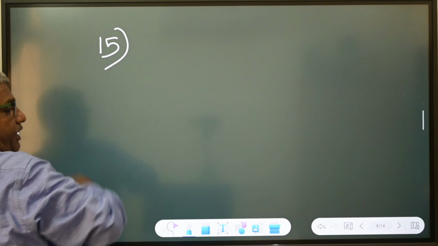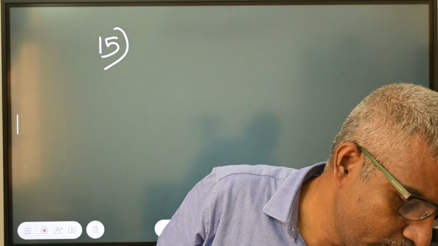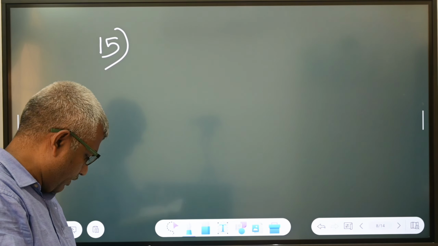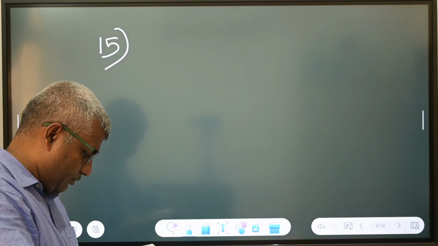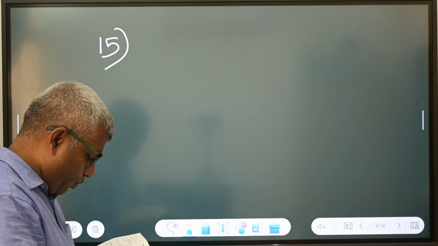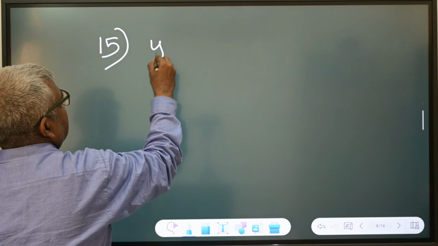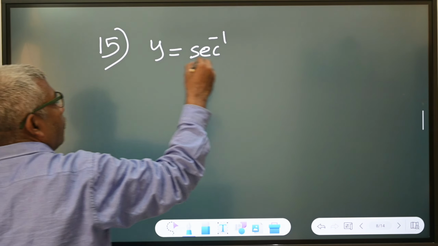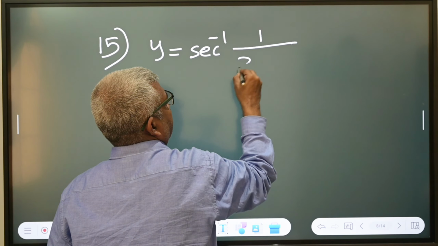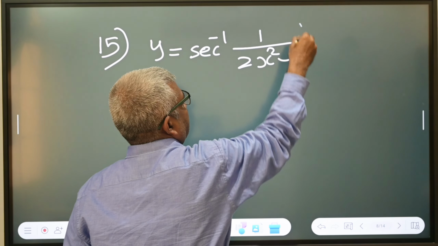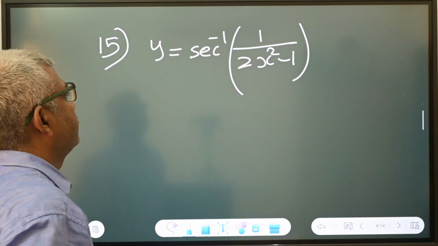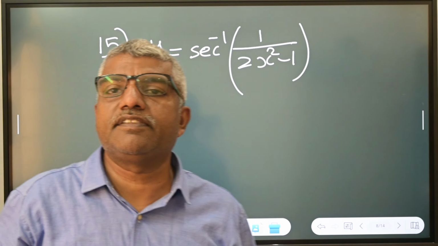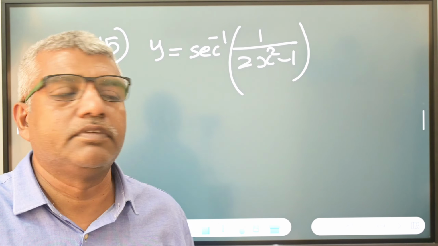Question number 15. Y equal to secant inverse of 1 over 2x squared minus 1. Here secant inverse means secant theta has to come.